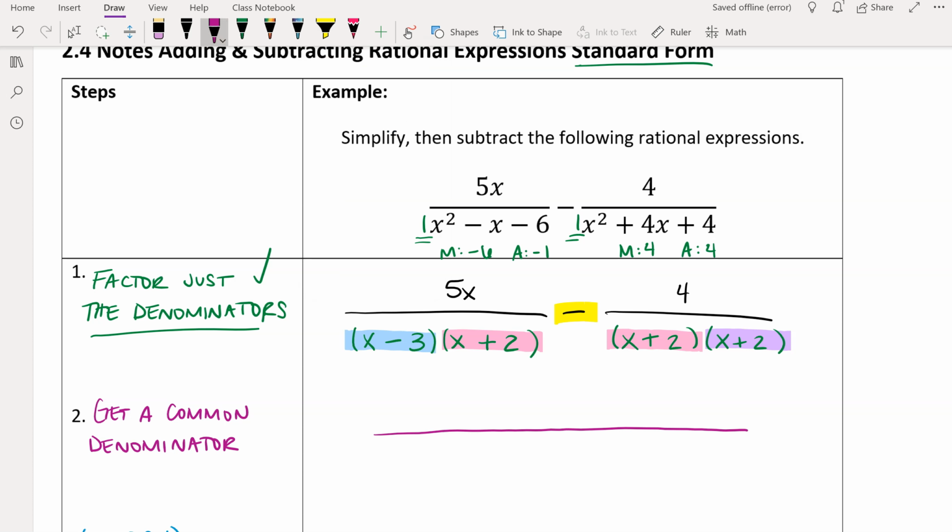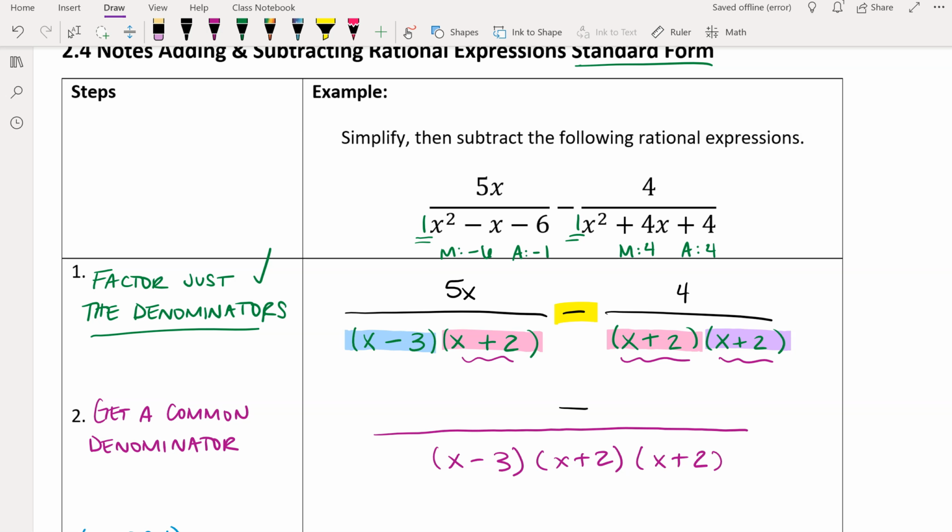So I'm going to bring down that minus sign up here, and then let's write our common denominator. We need 1x minus 3. We need an x plus 2 for these pink ones. For just that pair brings down 1, but then we need another x plus 2 because of this purple one.